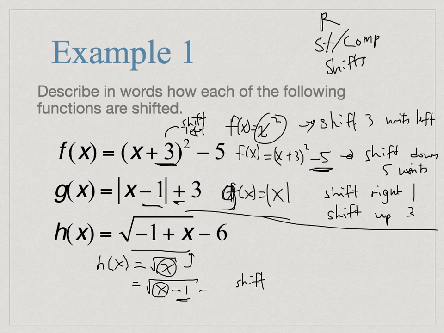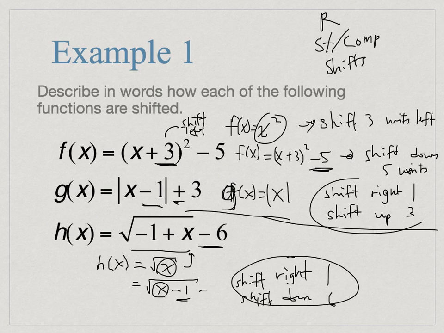That's a minus 1, so it would be shift right 1, and that's a minus 6, so it would be shift down 6. Okay, so in words, these would be my answers for the corresponding functions. Okay, this is for h of x.